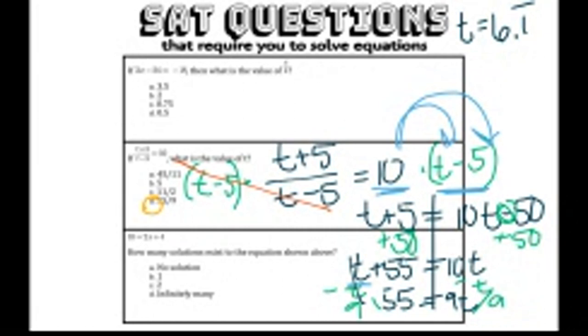The other way that you can do it is you can go through each of the options and see what they equal as decimals. So the very first one, 45 divided by 11, would give me 4.09. Well, that's not what we want. 5, we don't have to convert. 11 over 2 gives me 5.5.